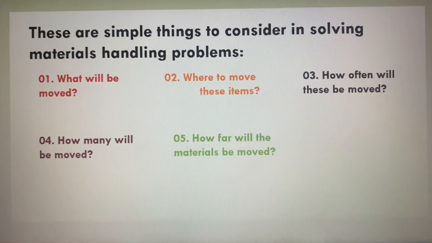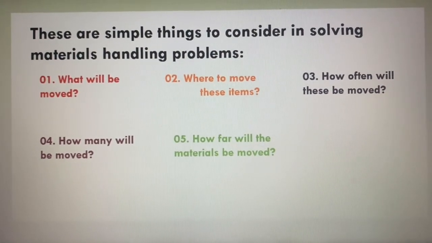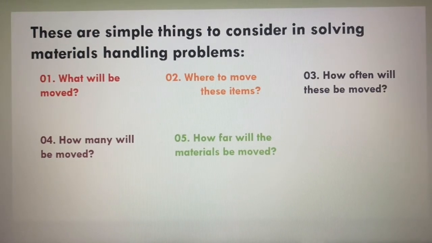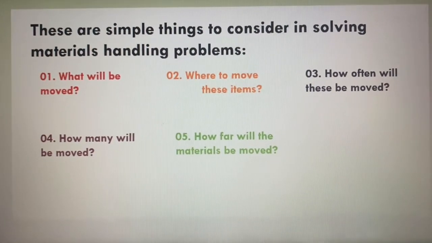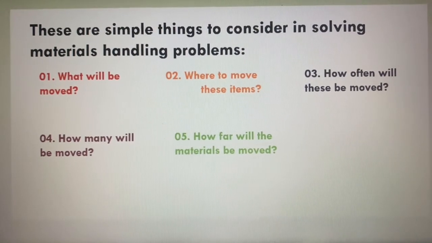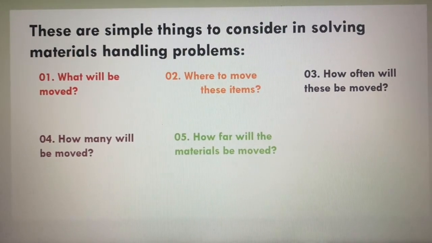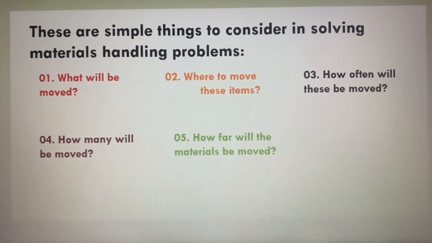In order to minimize time and effort, the distance to be moved must be considered. It is suggested that only in rare instances should an item or material be moved to a far location, particularly if this would involve manual handling. Observe the location of the storage with respect to its movement. The closer it is, the less movement is needed.